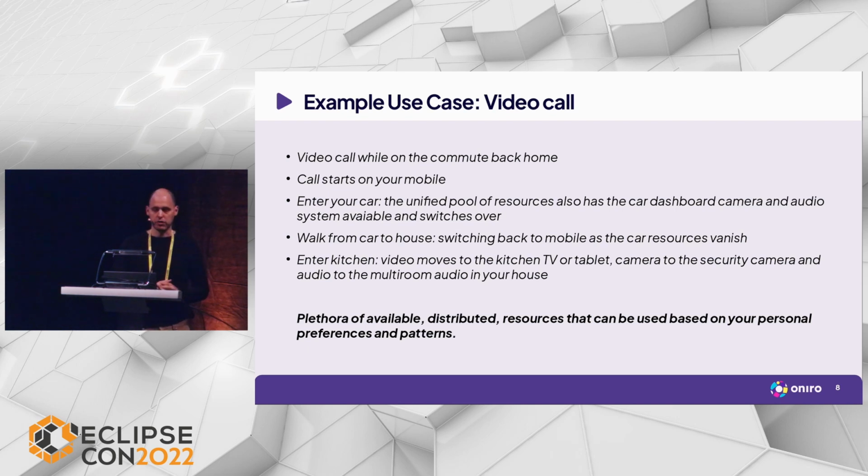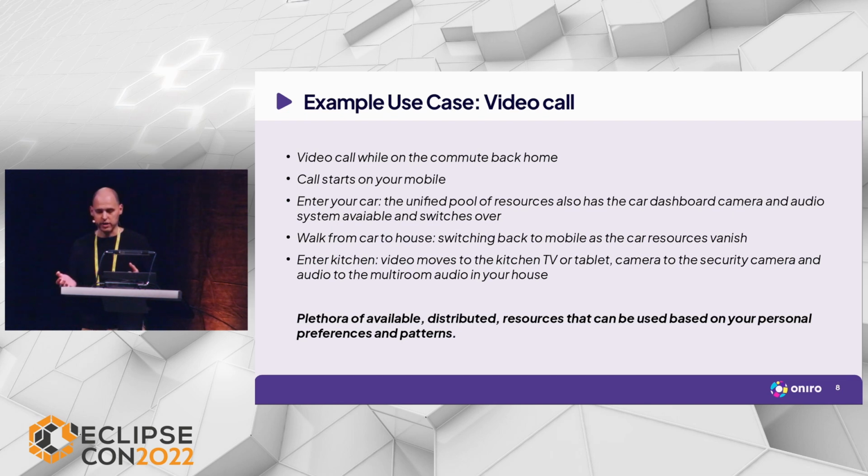I touched on the video capabilities before. So, think about that. You want to finish off work early because you want to see family, so you take the last video call on your commute back home. You start the call on your mobile when you're leaving the office, and then you get into your car. The car and the phone detect each other, share the resources, and have a unified view.